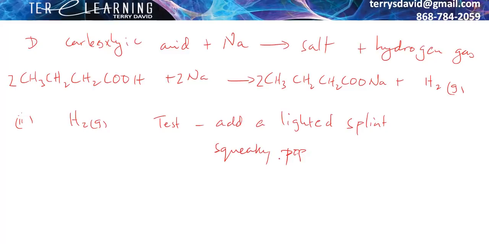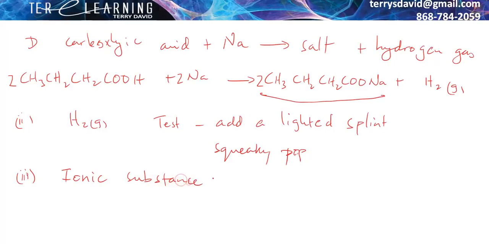And then the third part, or the last part, they said state whether the salt formed is soluble in water. All right, so the salt formed is a sodium salt. That substance is an ionic substance, right?